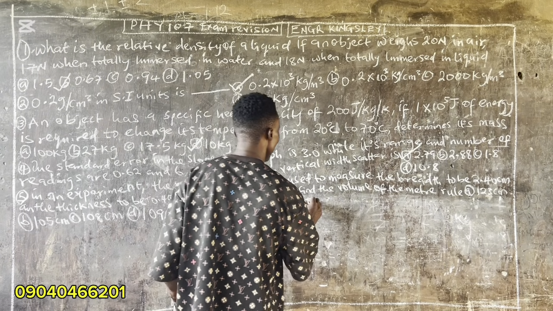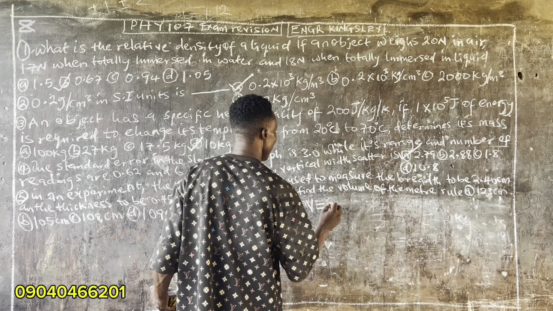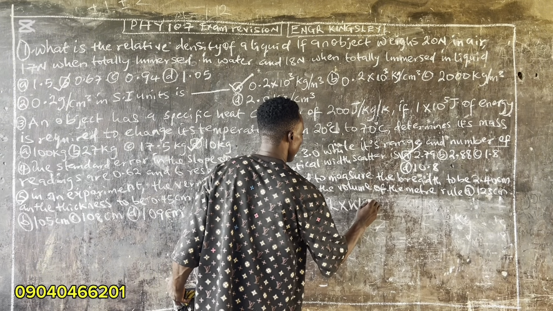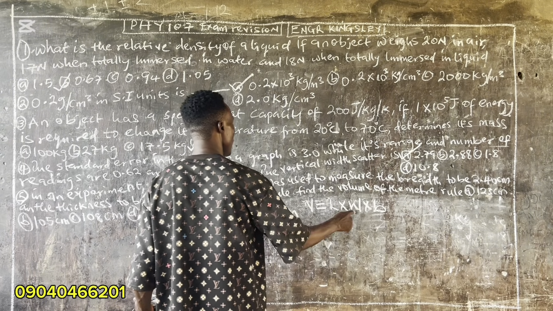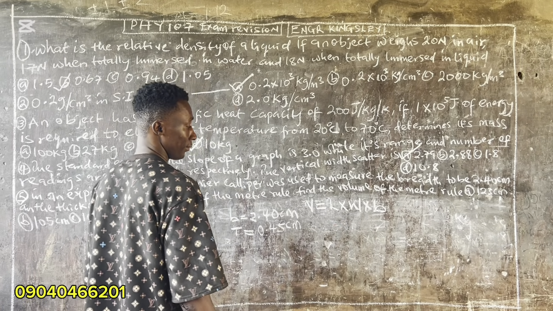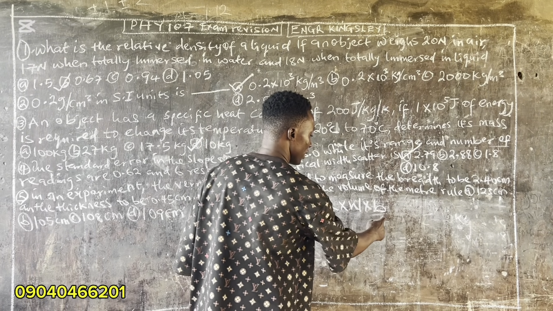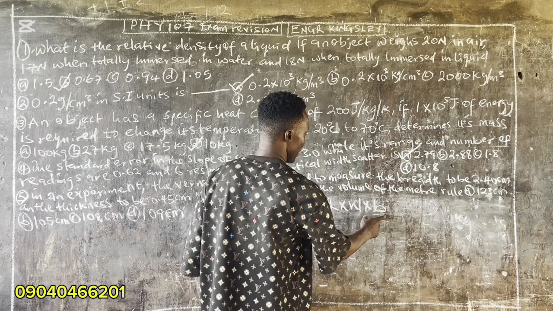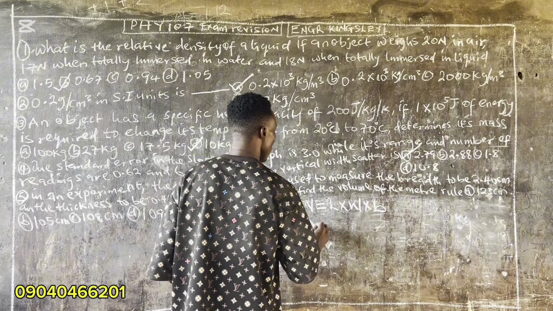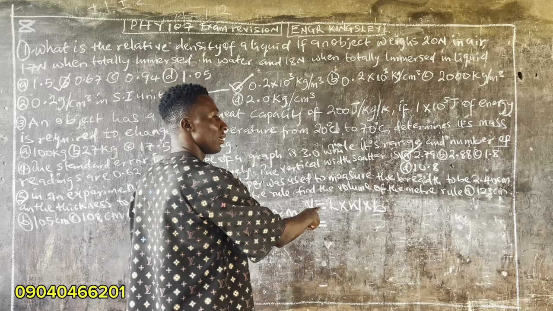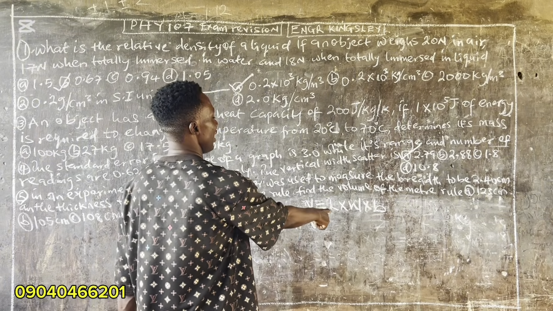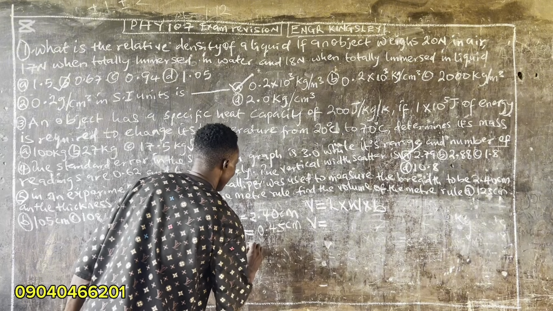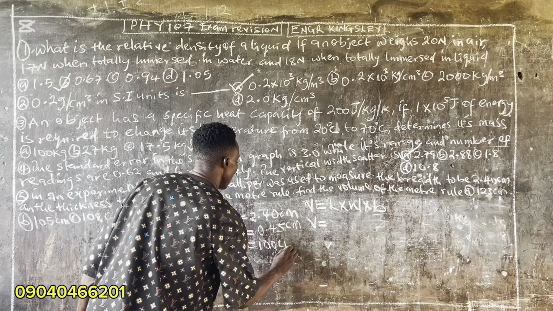But you know that volume V is length times width times breadth. Width is the same thing as thickness. Breadth is the same thing as height. The standard length for a meter rule is 100 cm.